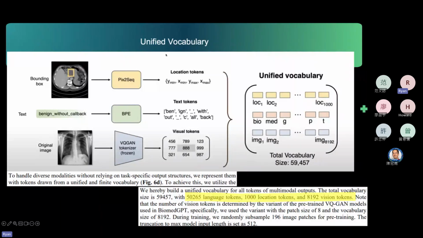But they create this vocabulary and combine them together to handle these diverse modalities without relying on task-specific output structures. And the total is 59,400 something, which included mostly language tokens, 1,000 location tokens, and 8,000 vision tokens.